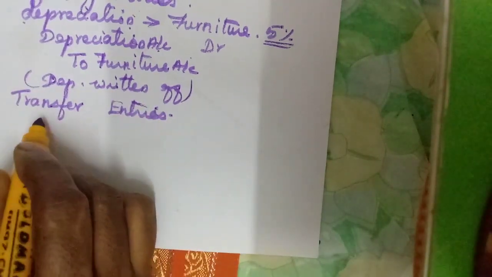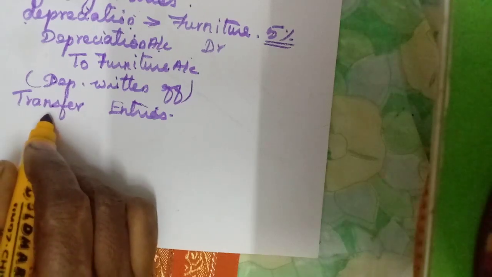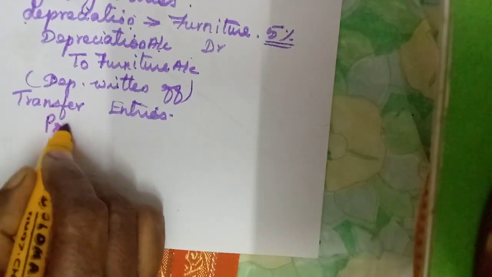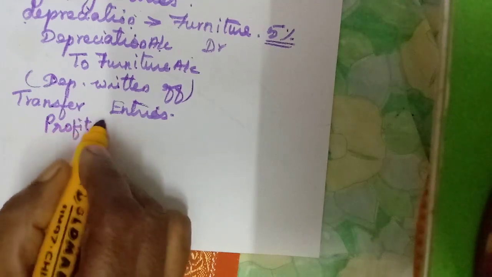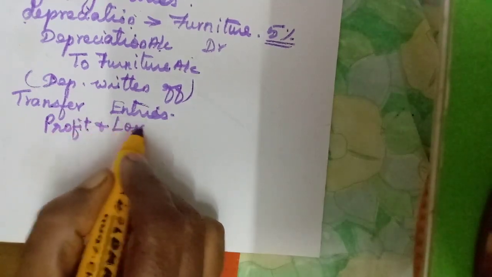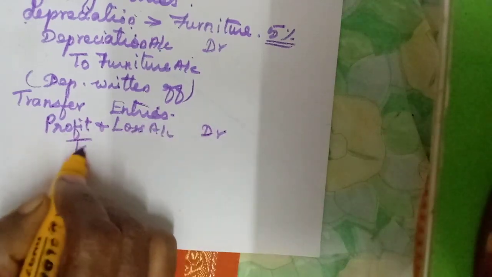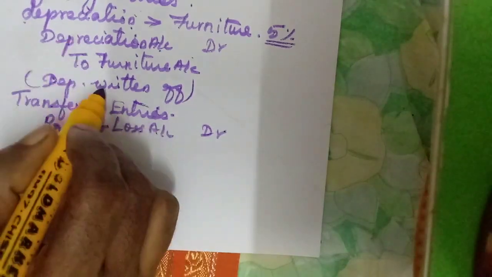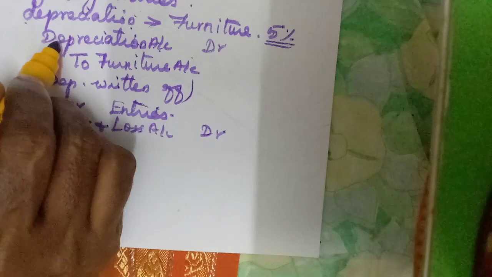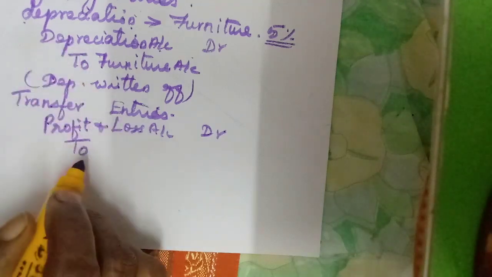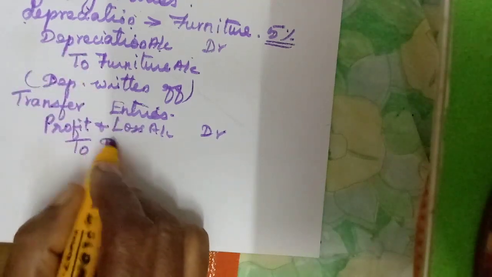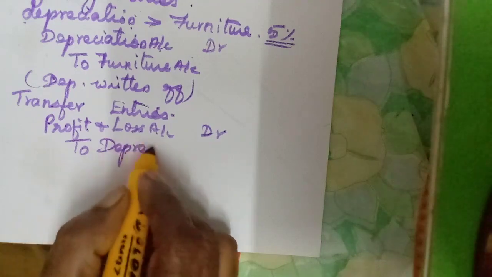So what will be the journal entry? We should debit the profit and loss account since it is a loss. Profit and loss account debtor to, we have to transfer this depreciation. Here we have debited the depreciation, so we should credit the depreciation account.